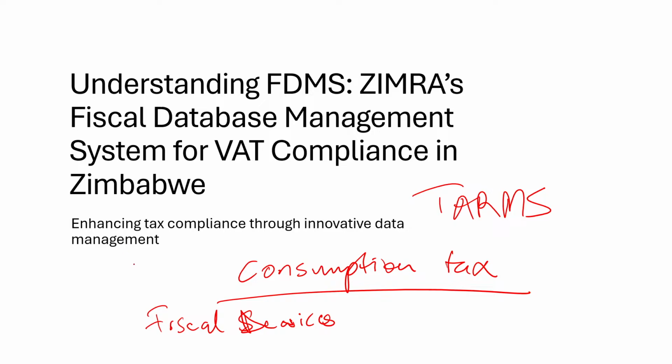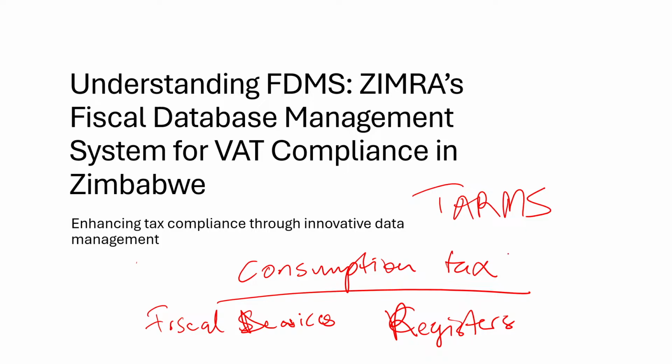They had what they called sales registers, which they were giving business owners for free, and they would come and see how much you have sold with that sales register. But with the digital economy that we are moving towards, they introduced fiscal devices.